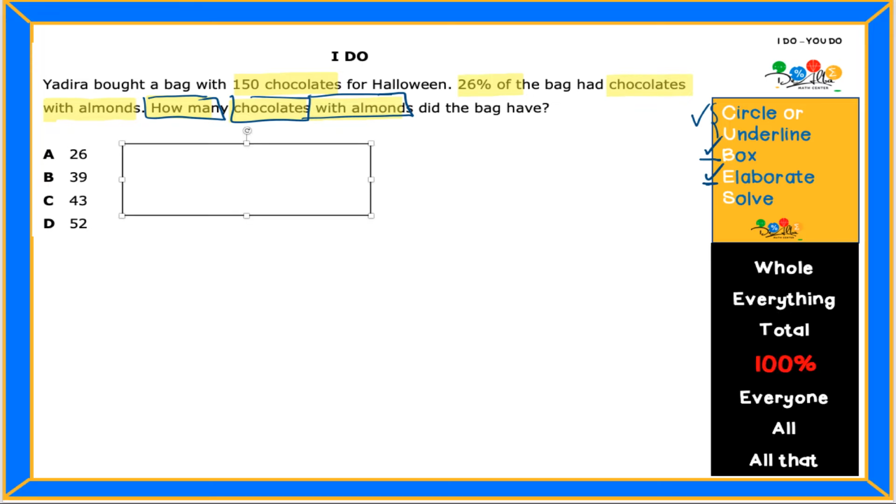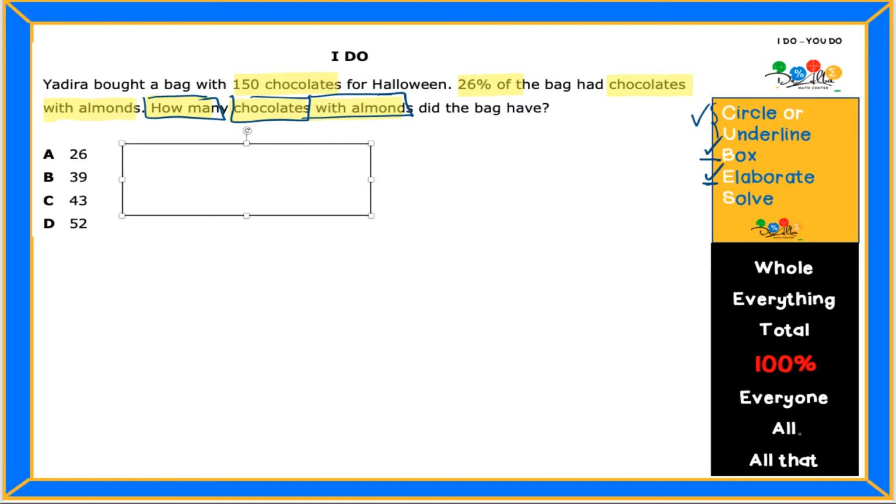Okay, so now we're going to identify our numbers. Remember that it is our job to find what is 100%. On this anchor chart, I can see that 100% is the whole. And in this question, we're talking about chocolate. So it should be the whole amount of chocolates, the total of chocolates, all the chocolates, any of those words we can apply.